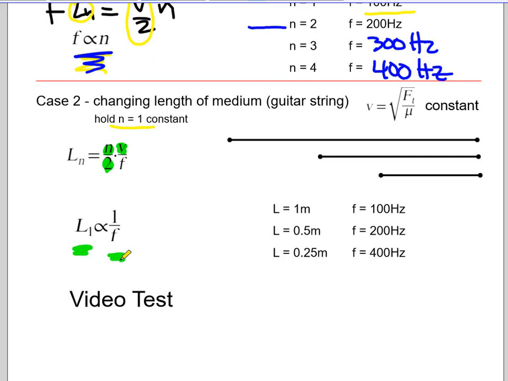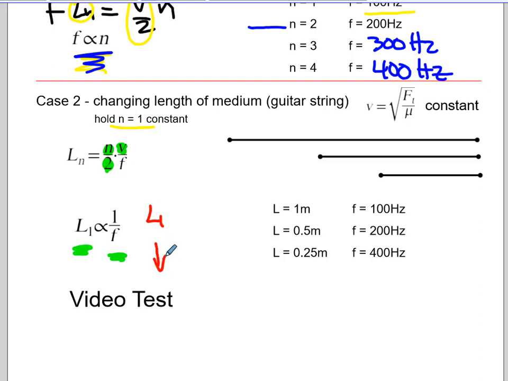So now what that means is if one changes, so let's say if L1 gets longer, okay, actually, let's go shorter because on a guitar it's going to get shorter usually. So let's say L1 gets shorter. You move your fingers down the frets.